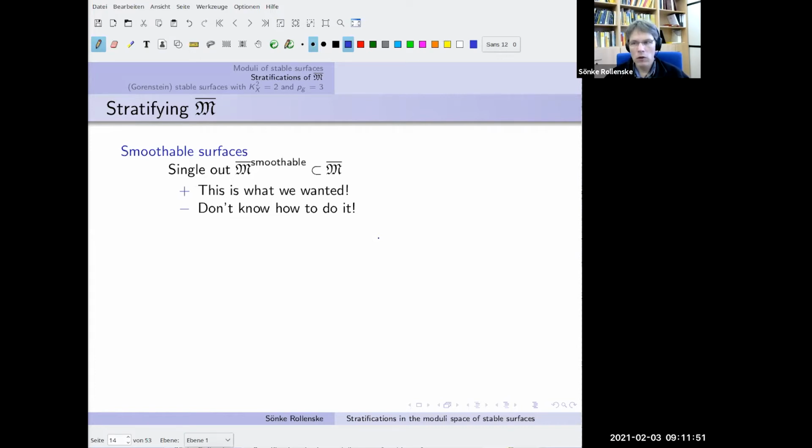This is what we really wanted when we started to think about compactified moduli spaces in the first place. But as far as I know, we don't really know how to do it. We cannot get rid of all these extra components in a modular way.